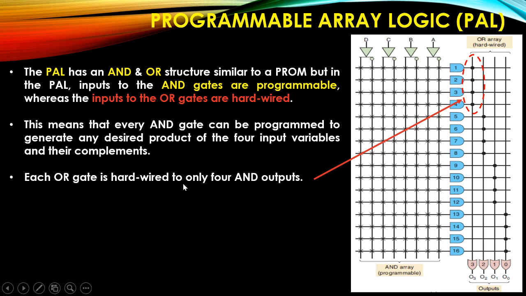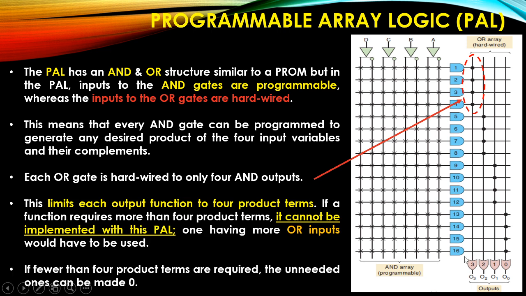So each OR gate is hardwired to 4 AND outputs. If we just consider the top 4 AND gates, that is 1, 2, 3, and 4, the outputs of this particular AND array are connected to O3.